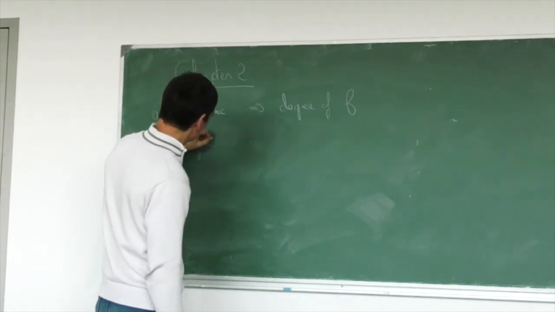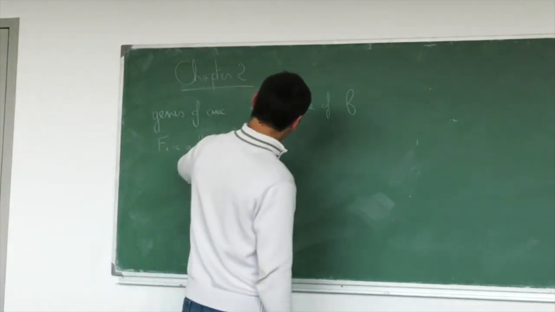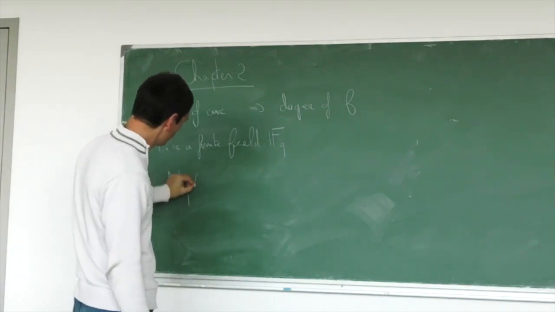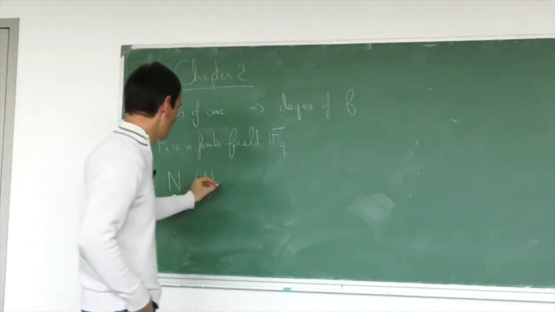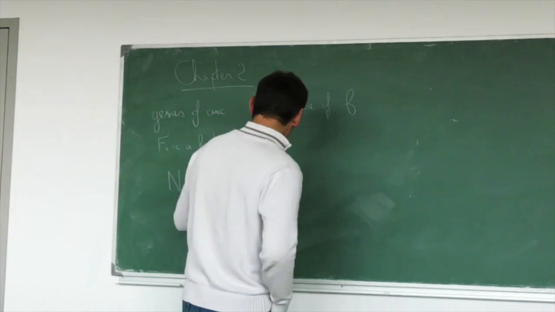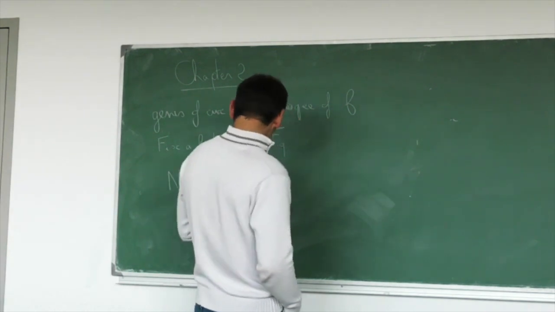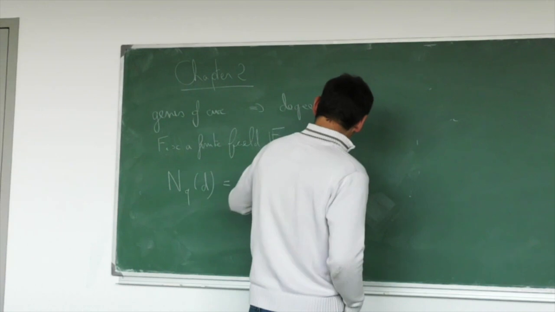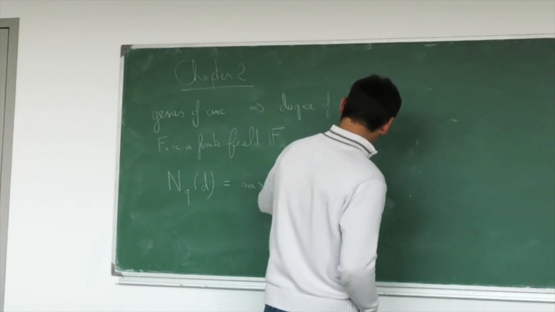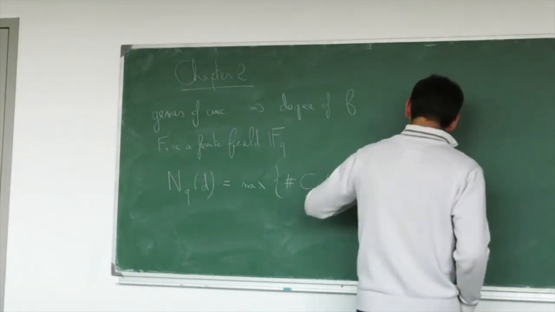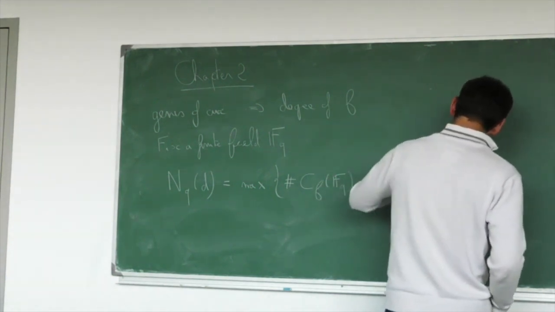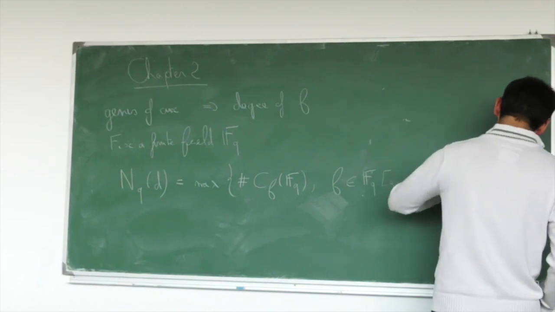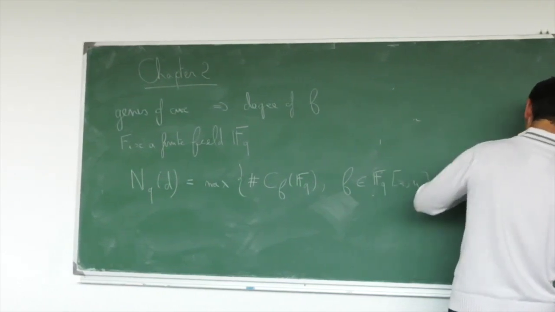Okay, so if I fix now the finite field F_q, I can look at what I'm going to call N_q(d), which is the maximal cardinality of C_f(F_q) when f is inside F_q[x,y] of degree d.